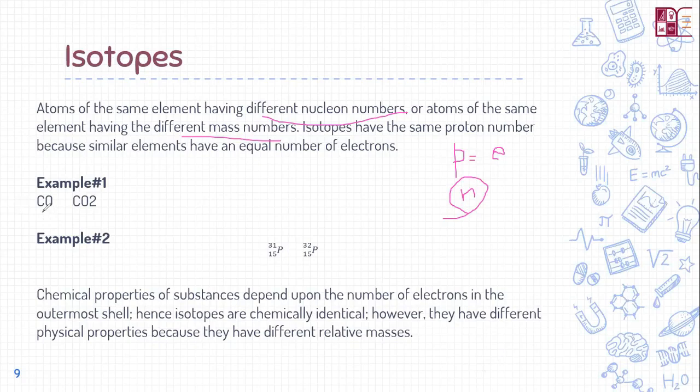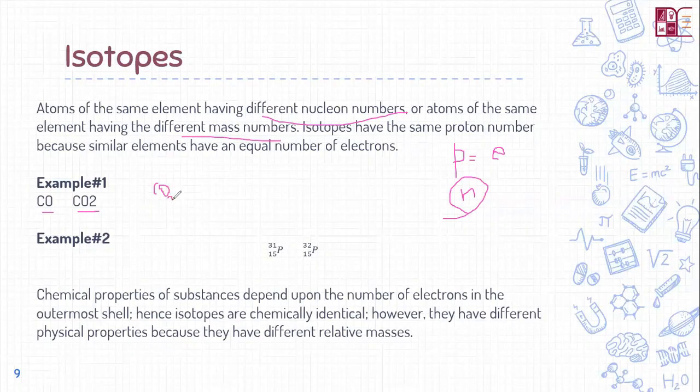Over here we have two examples. We have carbon monoxide and carbon dioxide, CO2. They both are not at all isotopes because they both are compounds. So this is not part of the theory of isotopes.